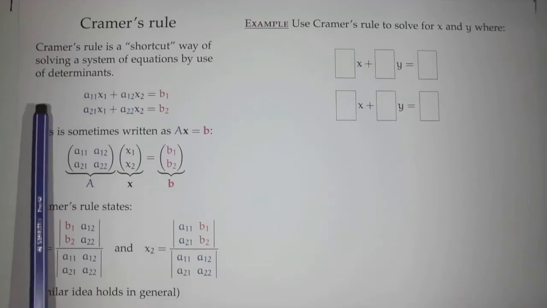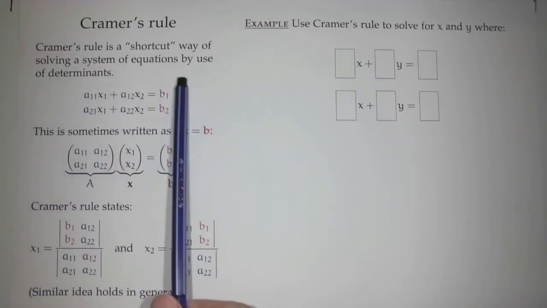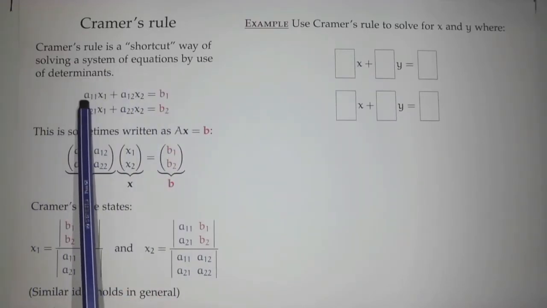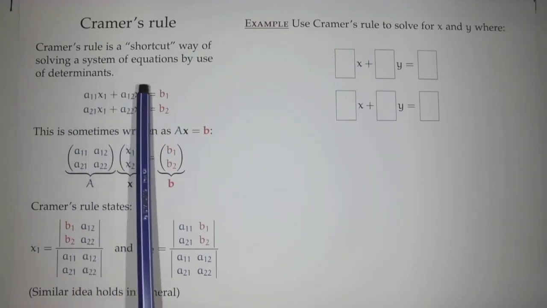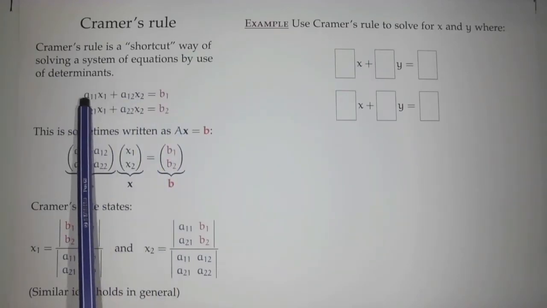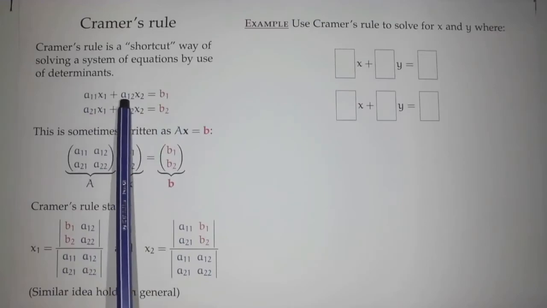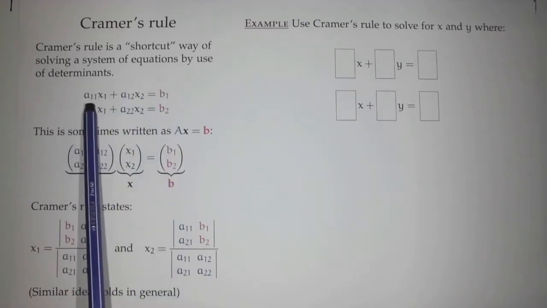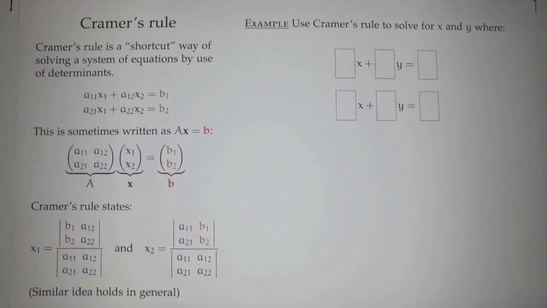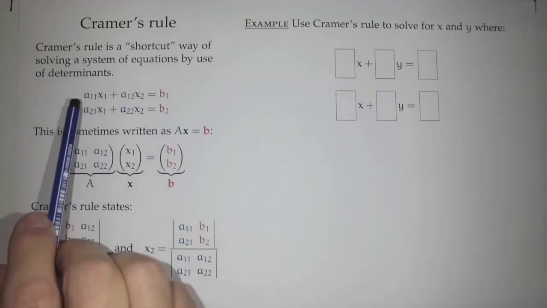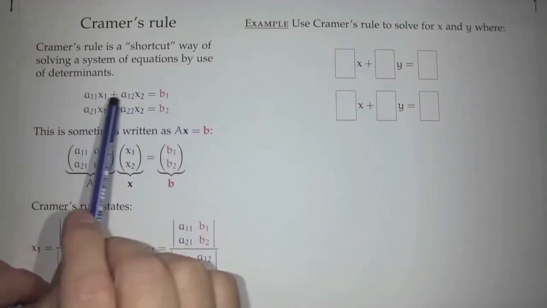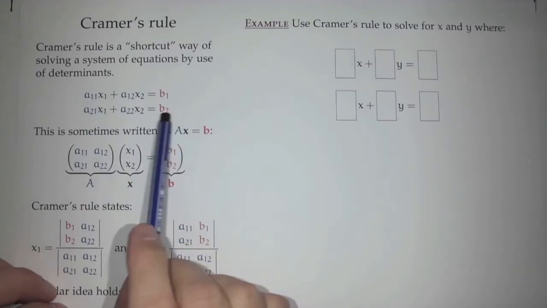It says, suppose you have this pair of equations: some constant times x1, plus some constant times x2, equals some number. Here they're a11, a12, and b1. The subscripts just say where the constants fit in. The first subscript says which equation, first equation, second equation.